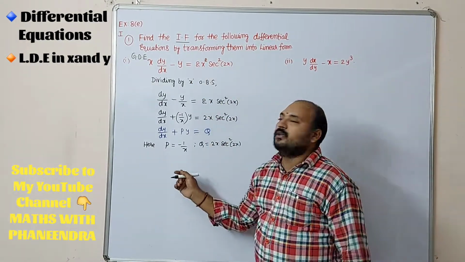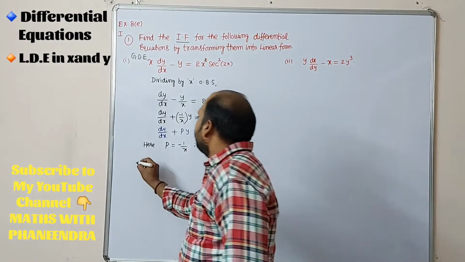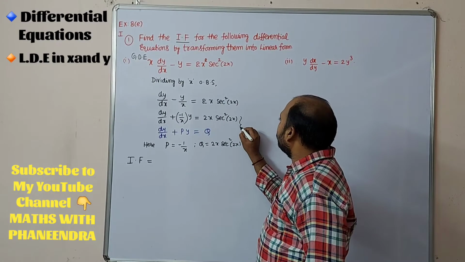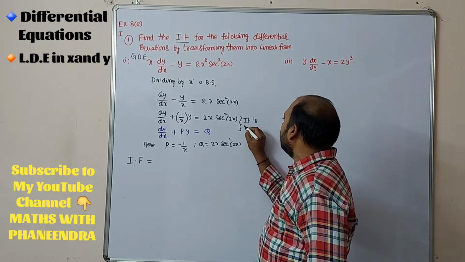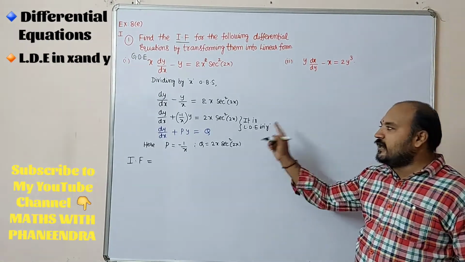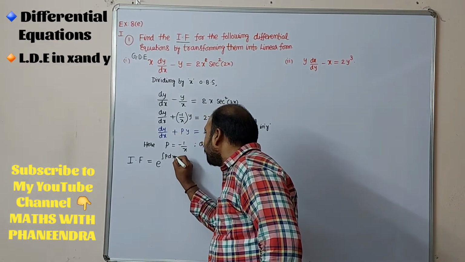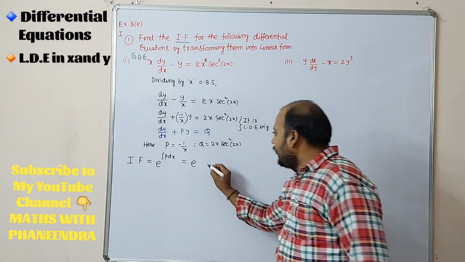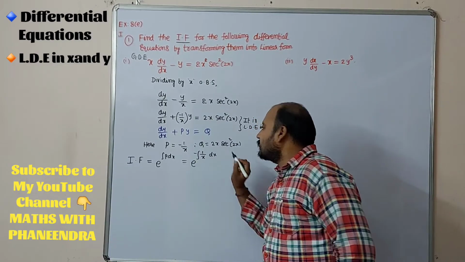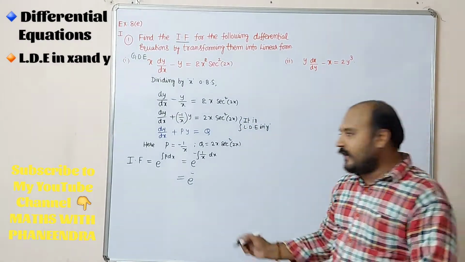For reducing into linear form and writing the values of P and Q, 1 mark. For writing the integrating factor: it is a linear differential equation in y, so the integrating factor is e power integral P dx, which is equal to e power integral of minus 1 by x into dx, which is equal to e power minus integral 1 by x, log mod x.